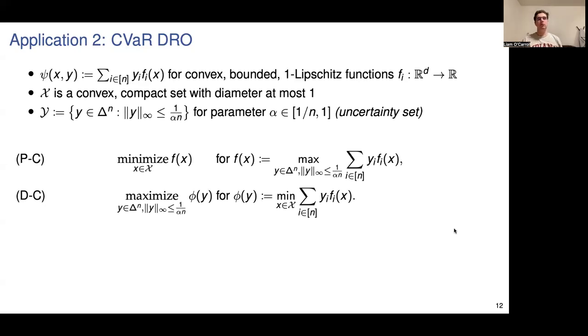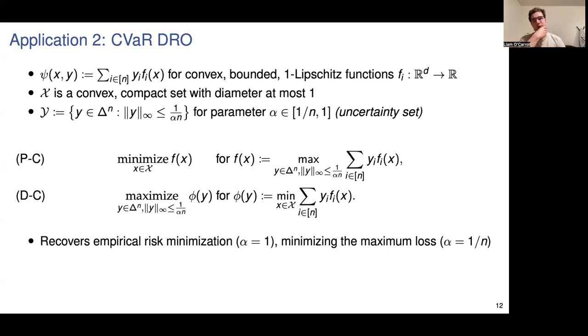And this is the primal and dual for this application. And in particular, the primal here, for example, if you have n data points in your training data set and you're trying to learn a model represented by parameters x, then the primal optimization problem corresponds to training some sort of classifier which performs well on your training set.